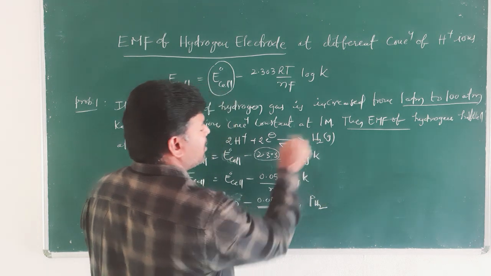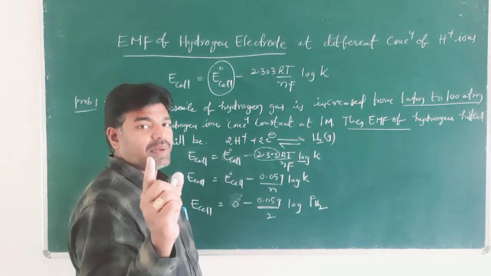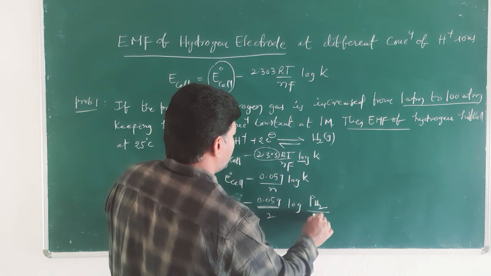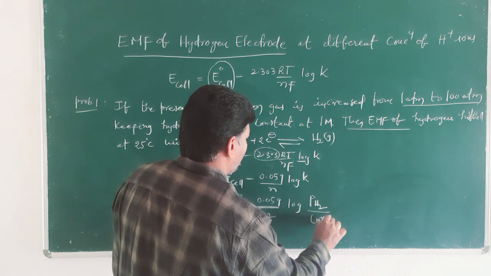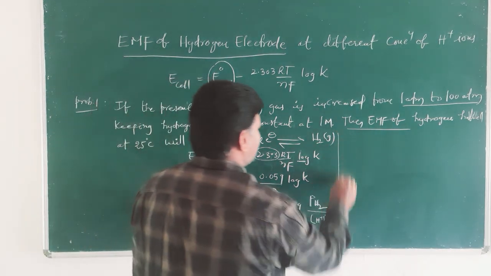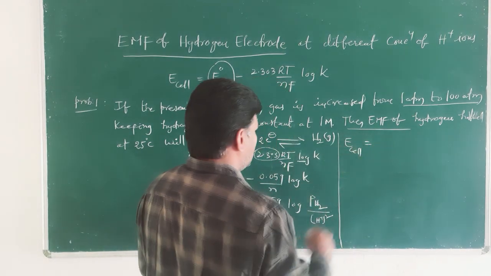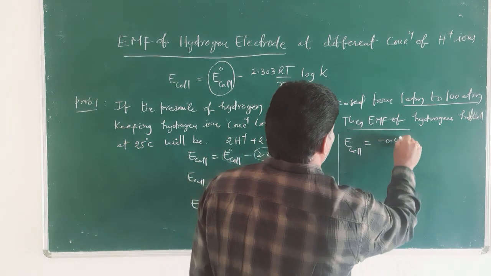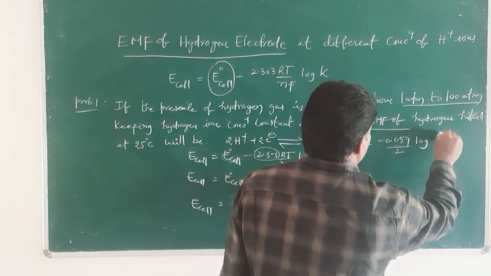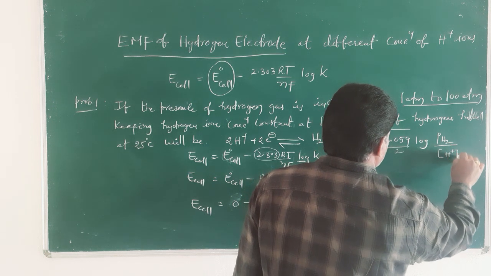Here the product is hydrogen gas, which is usually expressed in partial pressure, that is partial pressure of H2 by concentration of H plus square, right. So, the final equation is E cell equal to minus 0.059 by 2 log partial pressure of H2 by concentration of H plus ions square.